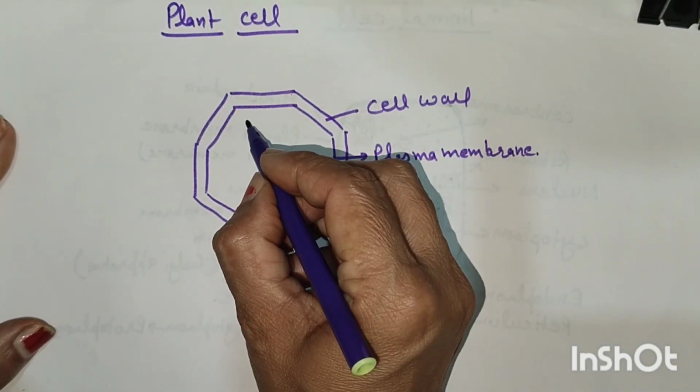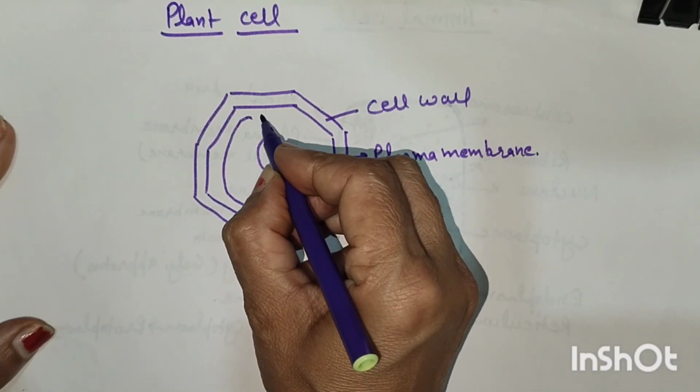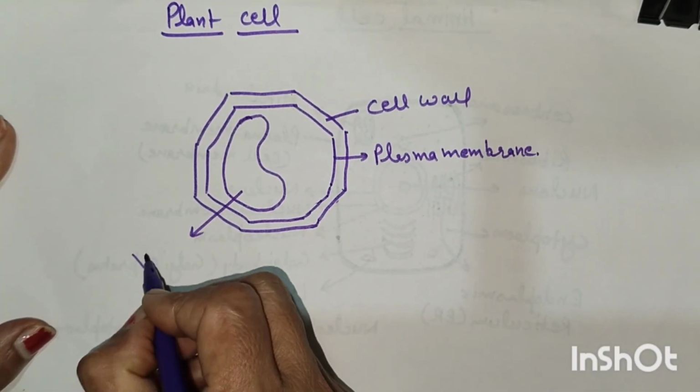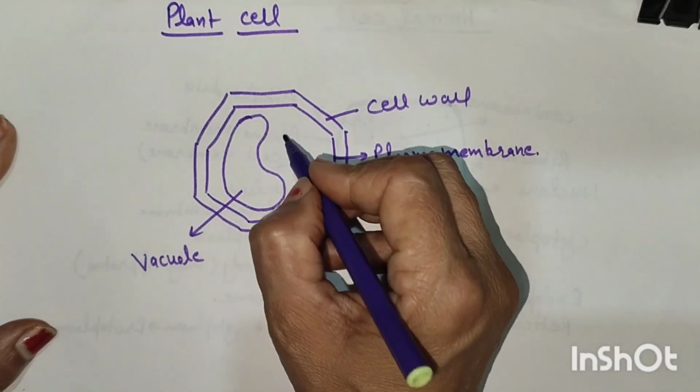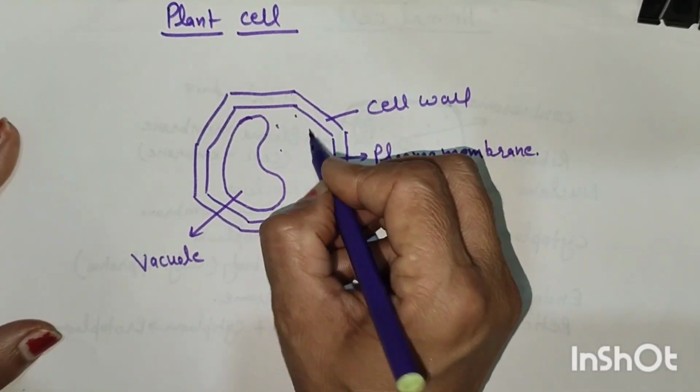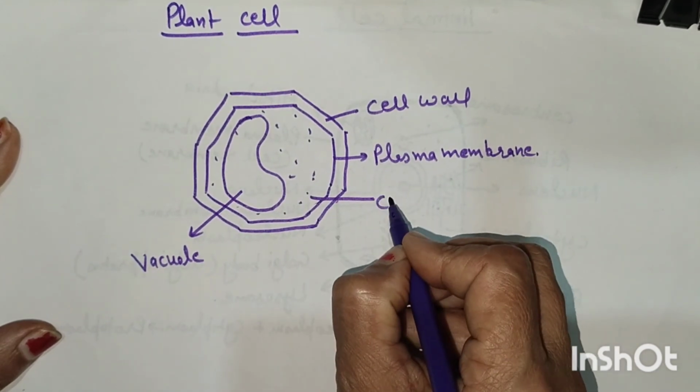In the plant cell, there is a large vacuole. There is liquid outside this, which is called cytoplasm.